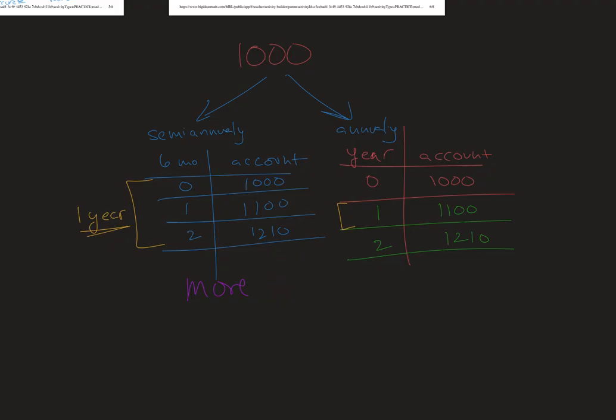Let's do a couple more rounds of this. Okay, so let's do a third 6 months. And so now we're adding $121. So 121 is like that. And then a fourth 6 months goes by. So let's see, now we're going to add $133. So 1,464, like that.